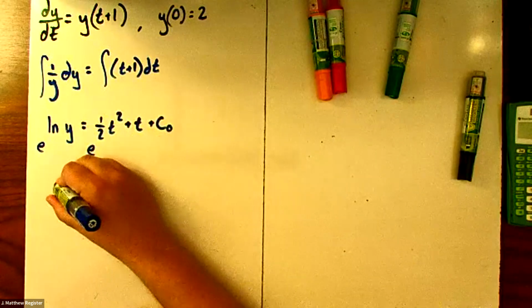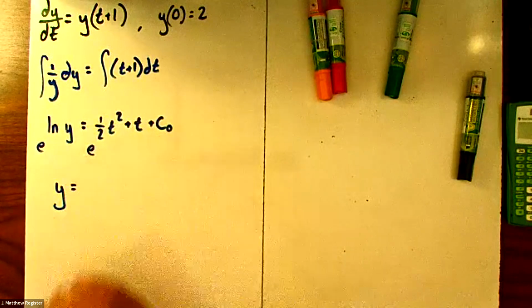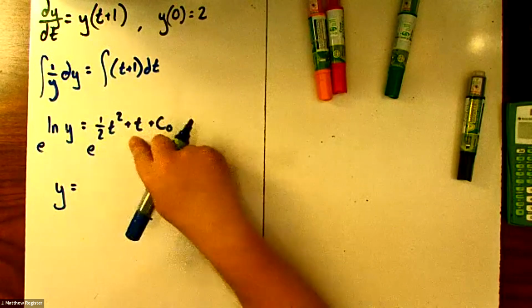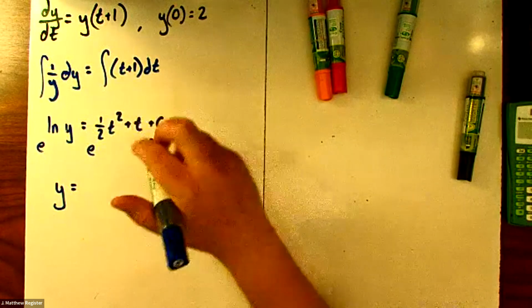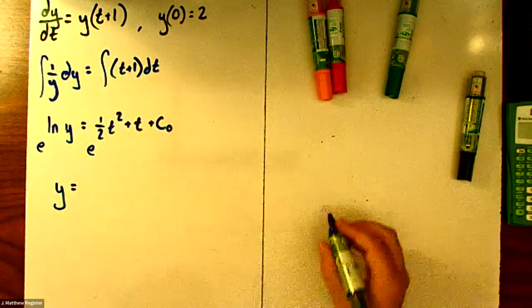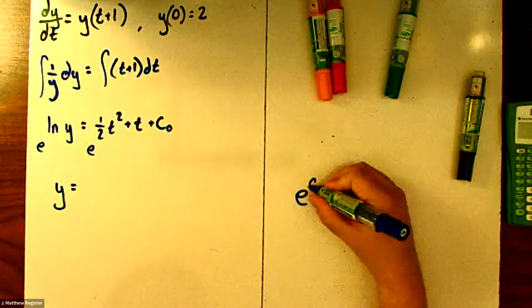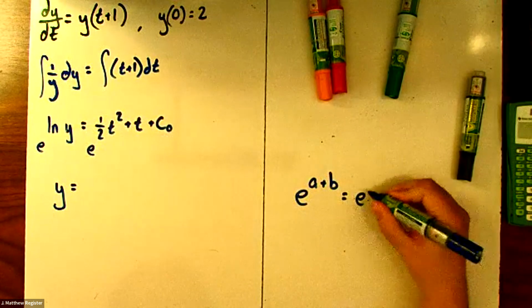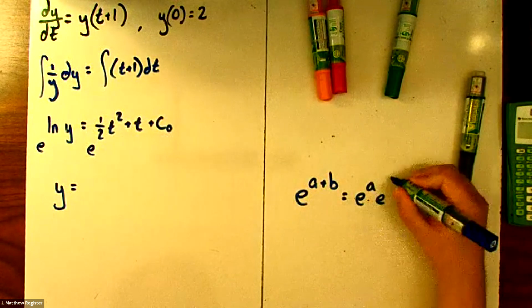The left side now becomes y. The right side is going to become e to the 1/2 t squared plus t plus C0. But if you remember from algebra 2, if we have e to the a plus b, we can rewrite this as e to the a times e to the b.